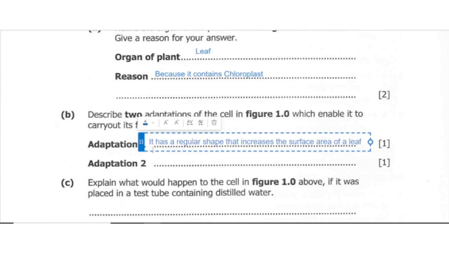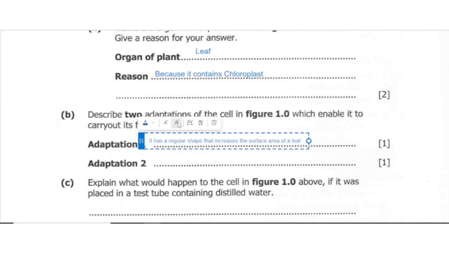So my point here is it has a regular shape that increases the surface area of the leaf, which helps it. Let me just reduce the font so that, I hope, it's visible to you.